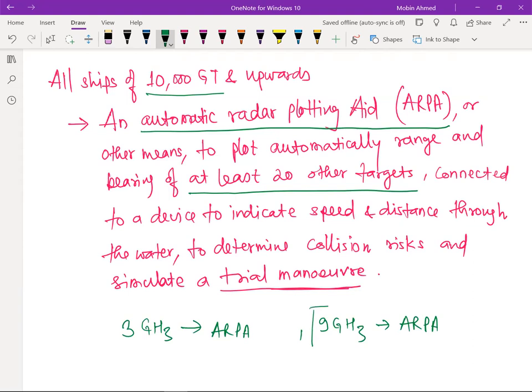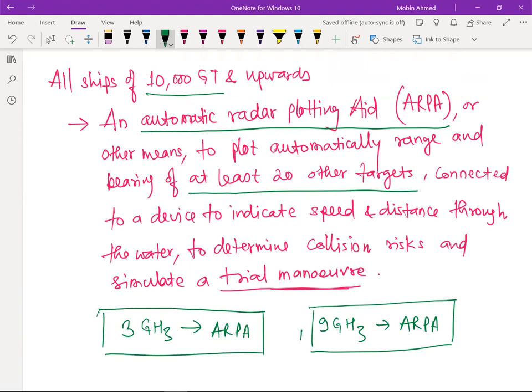So what is the basic function of the ARPA? The two things: it simultaneously tracks multiple targets, at least a minimum of 20, and second, we can simulate trial maneuvering. Trial maneuvering also we can do. So these two things we are supposed to be able to do.